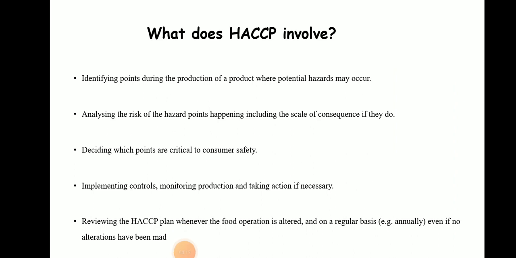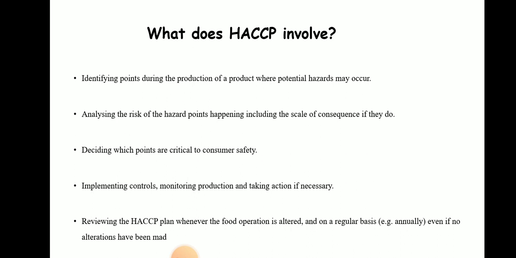Now, if we see what HACCP involves, it involves identifying points during the production of a product where potential hazards may occur. Then it also analyzes the risk of the hazard points, including the scale of the consequences that can happen. So first, HACCP is involved in analyzing what kind of risk is associated, and it even analyzes the consequences of that particular risk.